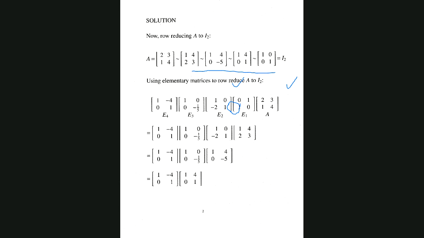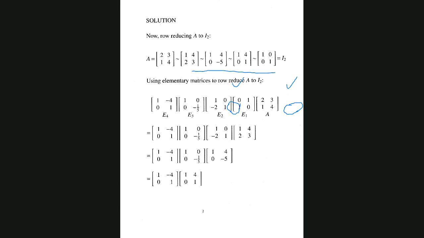Then where the -5 is, we want a 1 there. So I'll multiply through the second row by -1/5. And then finally, we want a 0 where the 4 is. So I'm going to take -4 times the second row, add it to the first row, and replace the first row by that result.